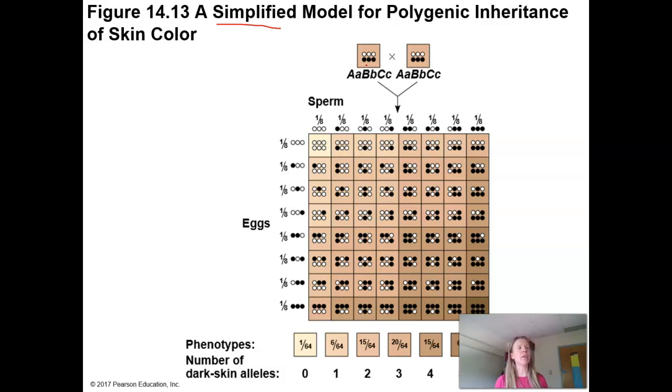You could have 2 parents with kind of this middle of the road pigmentation, something kind of in here-ish. And it would be very unlikely, but it could happen that they had a very white child, right? Or it would be unlikely, but it could happen that they had a very dark skinned child.